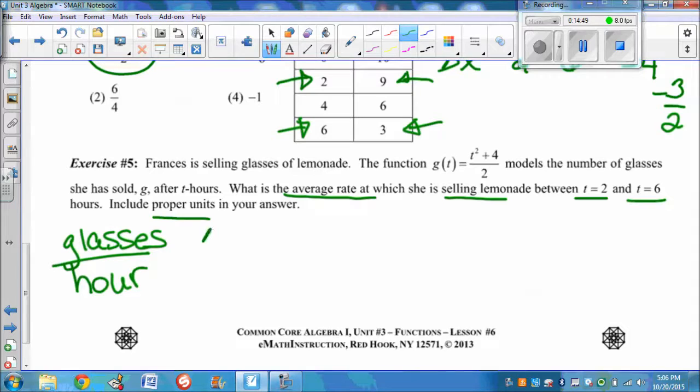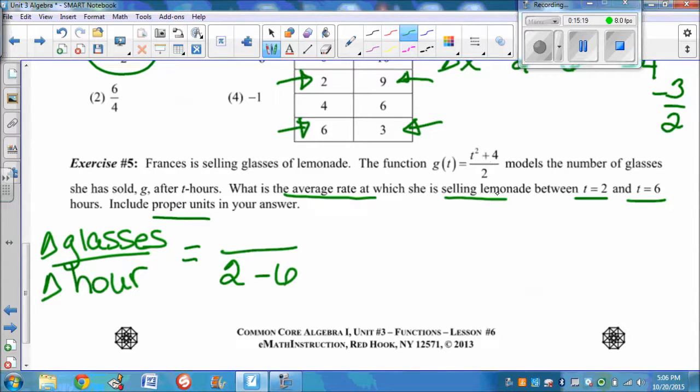So again, that average rate of change still stays our change in y over our change in x, or we could say, to think about the context to this problem, the change in glasses over the change in hours. Okay? So they gave us our time. Our t is 2 and our t is 6. So 2 minus 6.